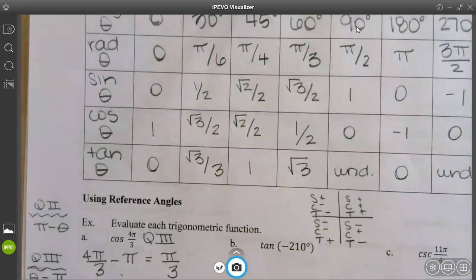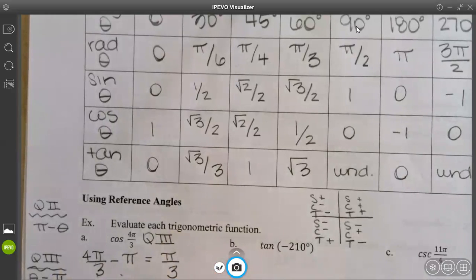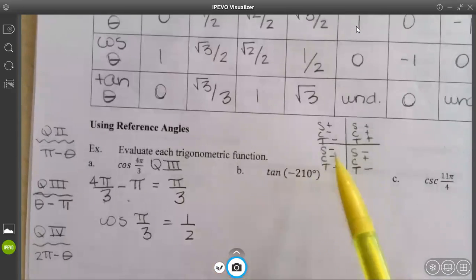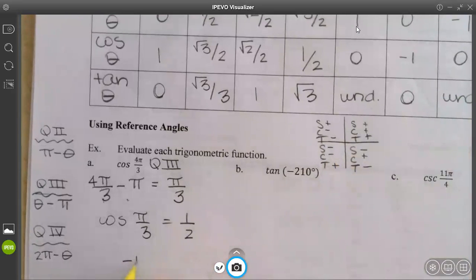What is your cosine of pi over 3? So cosine of pi over 3 equals 1/2. However, what quadrant is it in? The third quadrant, cosine is negative. Okay, so let me go back over that all together.